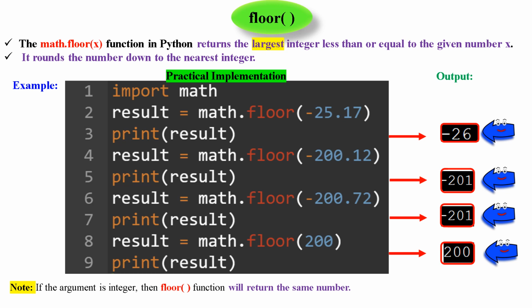The function returns the largest integer less than or equal to -200.72, which is -201, and is printed to the console. In line 8 and 9, the math.floor function is called with the argument 200. Since 200 is an integer, this function simply returns the same integer value 200 and is printed to the console.